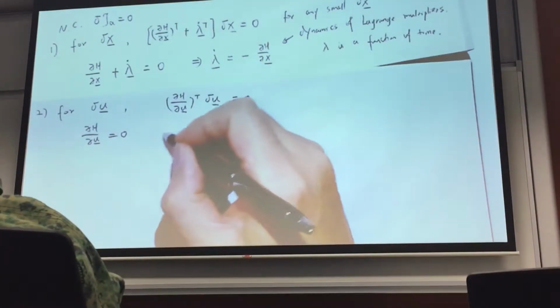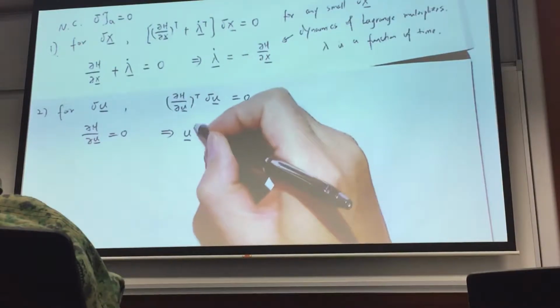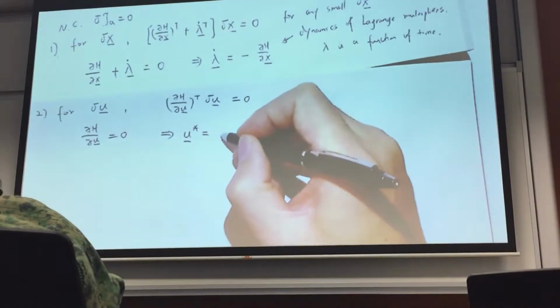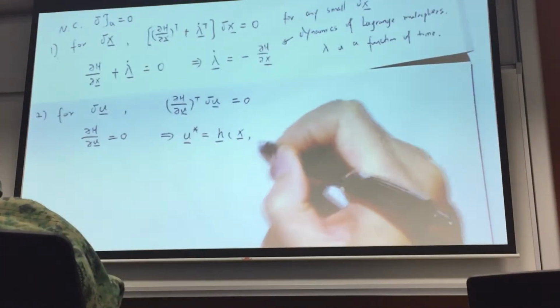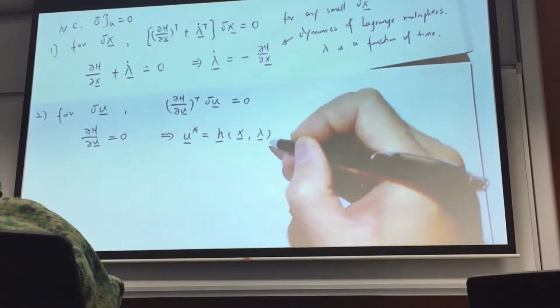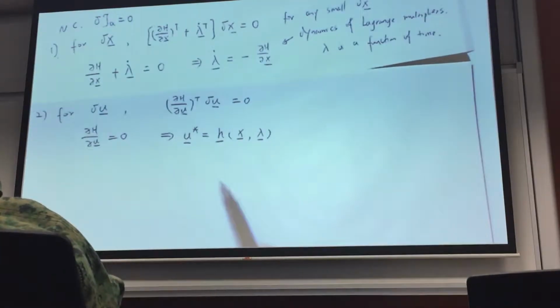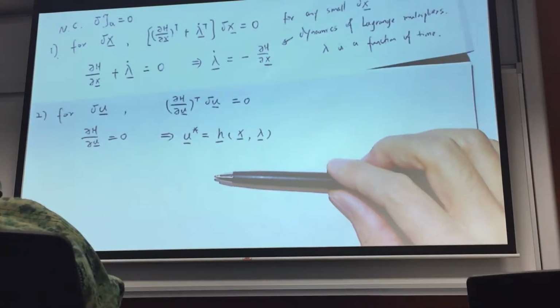But the difference is that the solution to this one, this u star, will become a function of x and lambda. So now the u is not a set of values, but a set of equations of time.